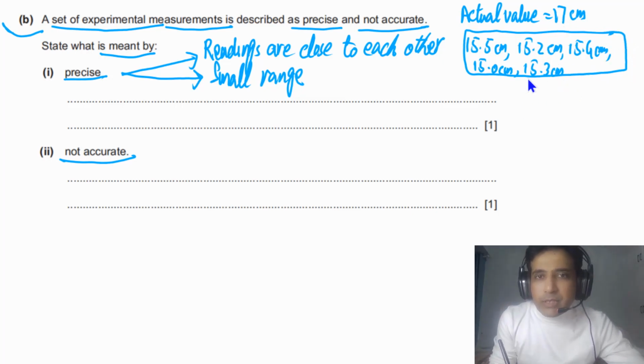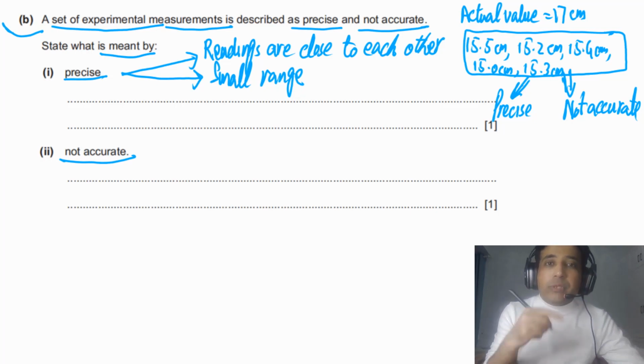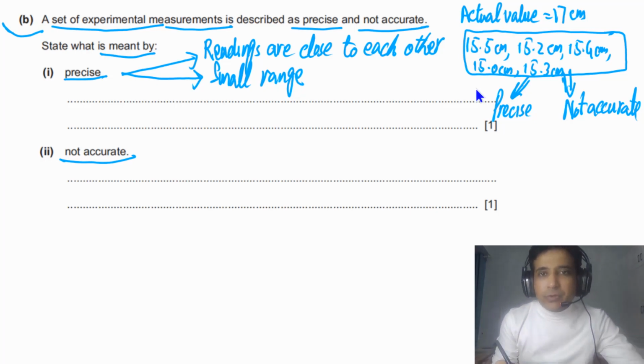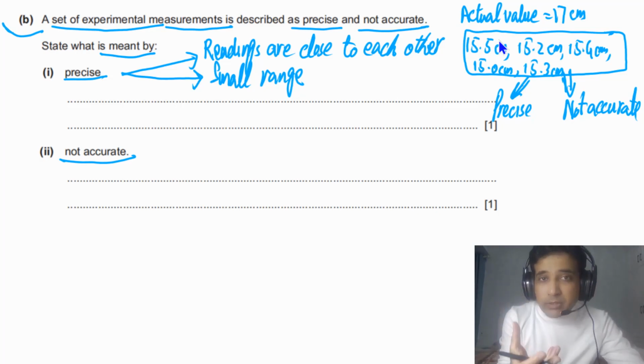So we will say this data is precise, but this data is not accurate. Later we will discuss accuracy in detail. This data is precise because readings are close to each other and the range is small.